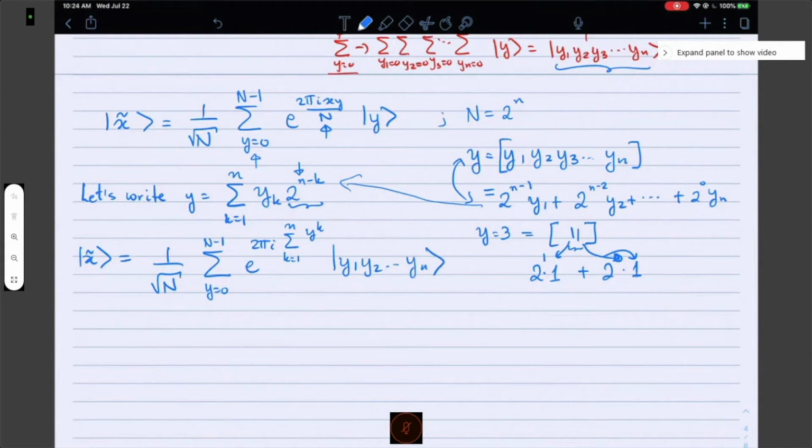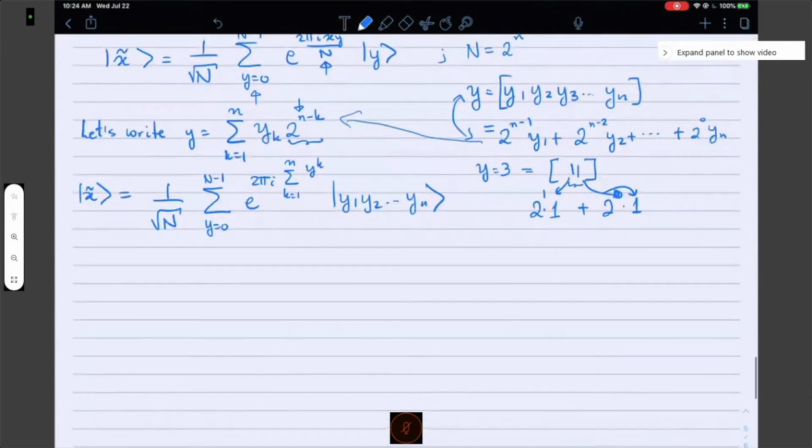So all of this is a very compact way of writing down something that looks very complicated. If we actually expanded what this means, I think it would be much more clear. So I'm going to do that for you here. I'm going to say sum from y equals 0 to N minus 1. A sum in an exponential means a series of products. So I'm going to write down products going from k equals 1 up to n.